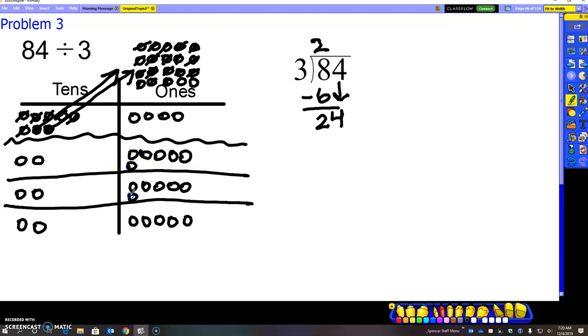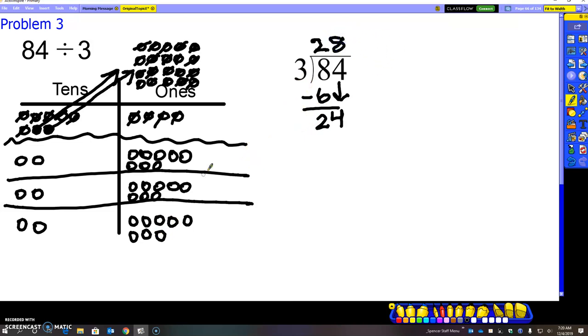1, 2, 3, and 1, 2, 3, and the last one looks like 1, 2, 3. That should make sense because 3 times 8 gets you 24.